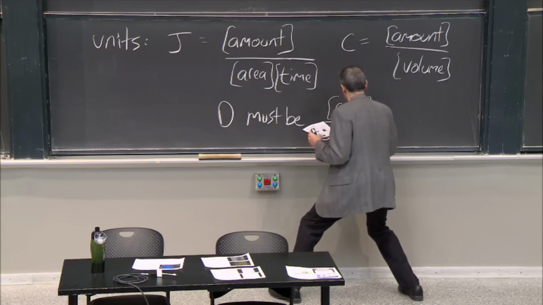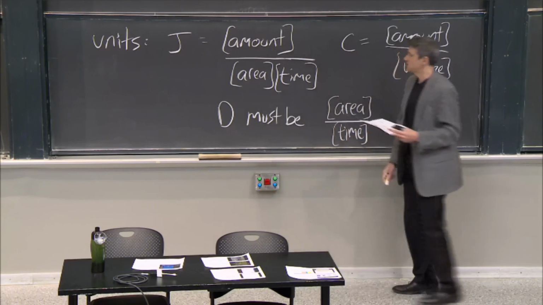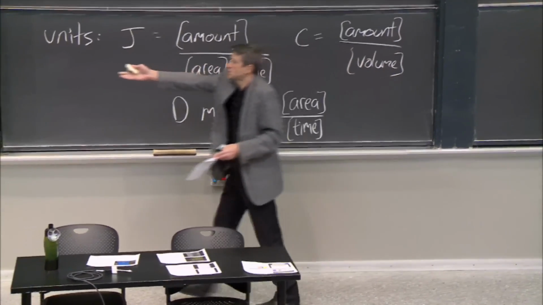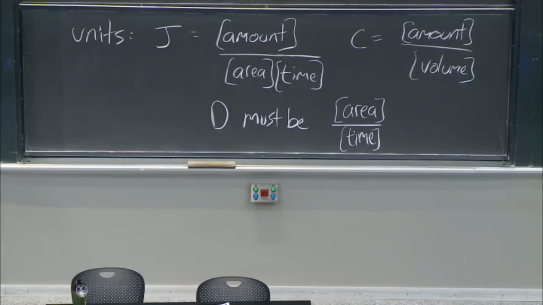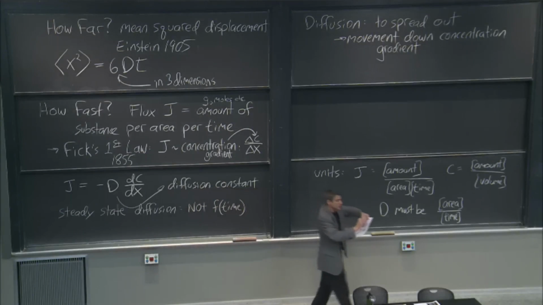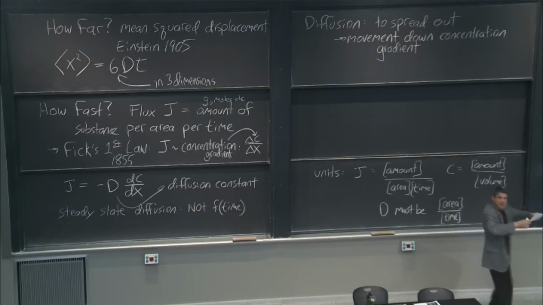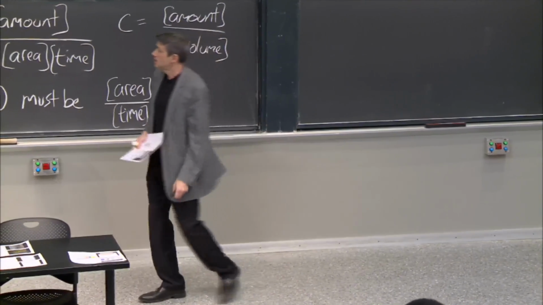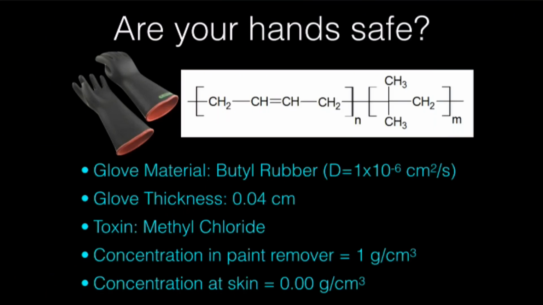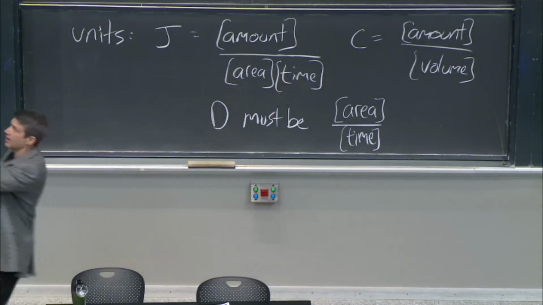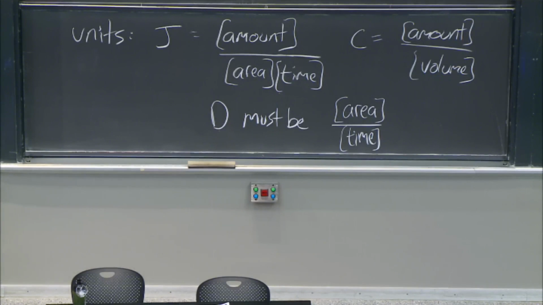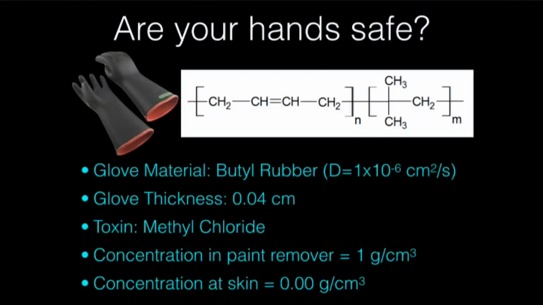It has to be. If it's not, then the units don't work. I've got concentration over a length. This is 1D, going across some membrane, the glove. You can think about this for yourself. The units have to be area over time. Is it area over time? Centimeters squared per second. It worked.